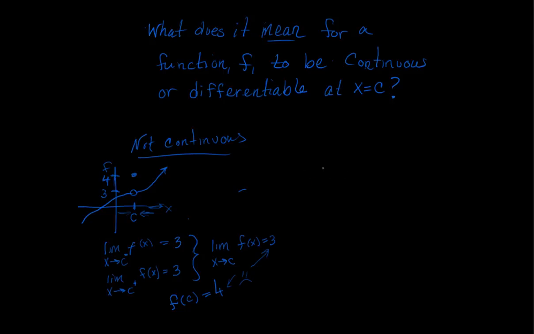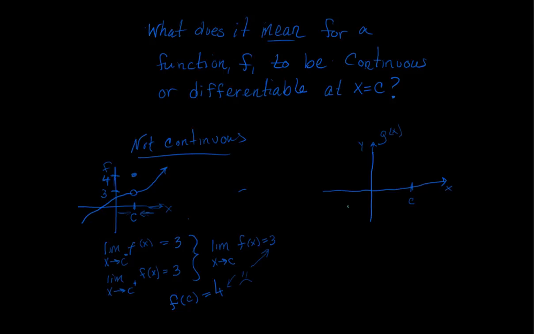That isn't the only way that a graph might not be continuous. Here is a different way. We can make a new function. Maybe we call this one g of x. Here's our x-axis. These are y values for the function g of x. Here we'll place a value c on the x-axis and consider the function whose graph looks like this.